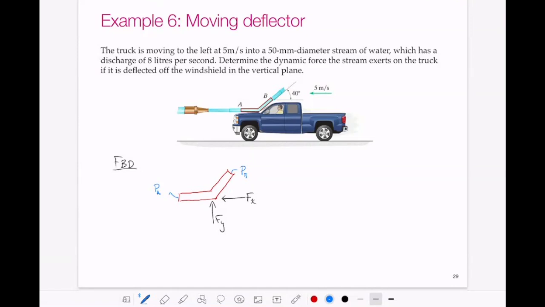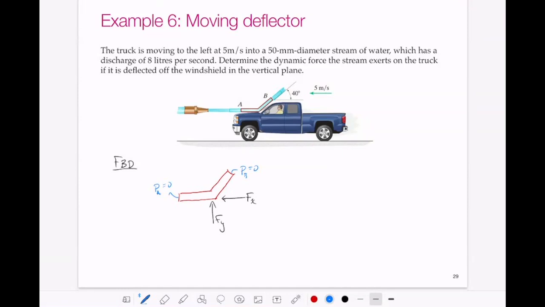Well, is there a force due to the pressure here? Yeah, if we're considering gauge pressure, and at these points it's just an open fluid flow, exposed to the atmosphere, so our pressures here are equal to zero. There's no forces acting on our fluid control volume just due to the pressure. So the only forces we have are the reaction forces from the truck windshield deflecting that fluid column.